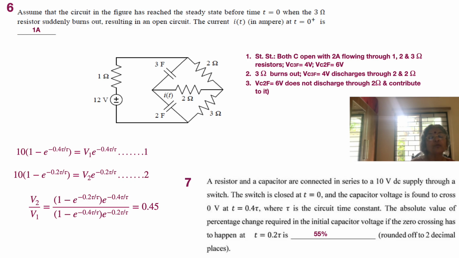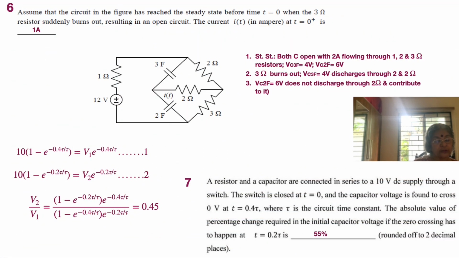It definitely has to flow through the 1 ohm resistor, since the 3 ohm resistor is gone. Then it comes to the 3 farad capacitor, which because of the transient situation has shorted out, so it flows through that, and then it goes back to the 2 farad capacitor.